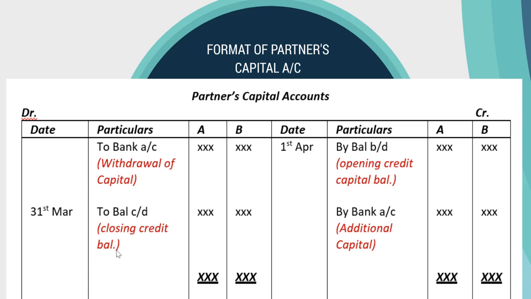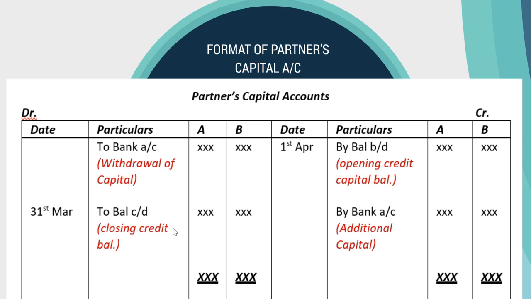Now when I was discussing the features, I mentioned two. One is that the capital balance of the partners will remain the same unless additional capital is introduced or withdrawn. It's obvious from looking at this account that the opening balance will be equal to the closing balance in the absence of any additional capital and also withdrawal of capital.